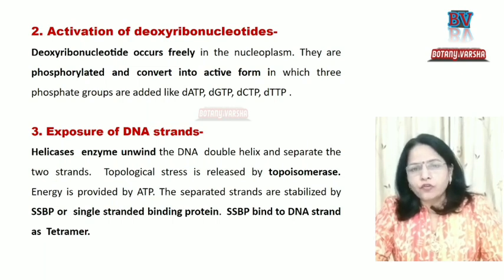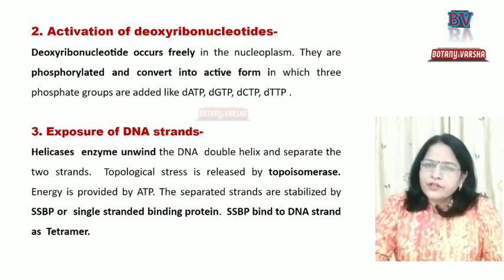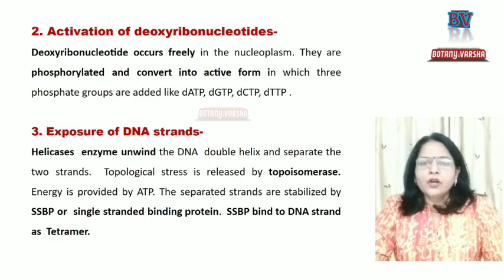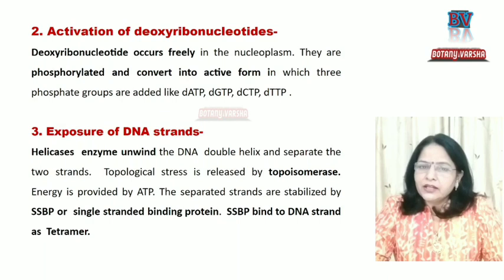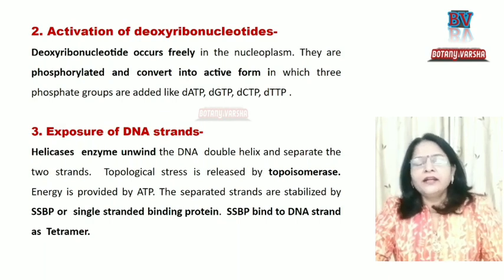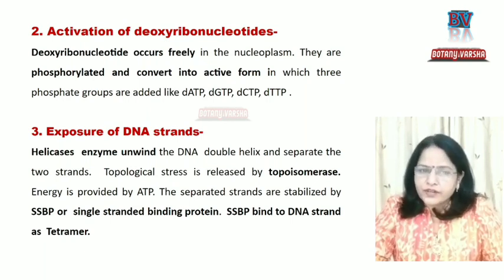In the active form, monophosphates convert into triphosphates. dAMP converts into dATP, dGMP converts into dGTP, dCMP converts into dCTP, and dTMP converts into dTTP, thymidine triphosphate.